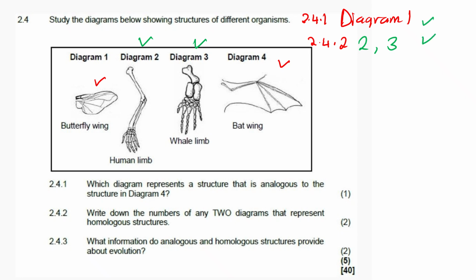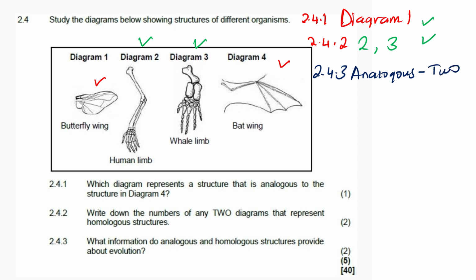Let's continue to 2.4.3. What information do analogous and homologous structures provide about evolution? Let's start with analogous. Analogous shows that two organisms evolved independently from each other.